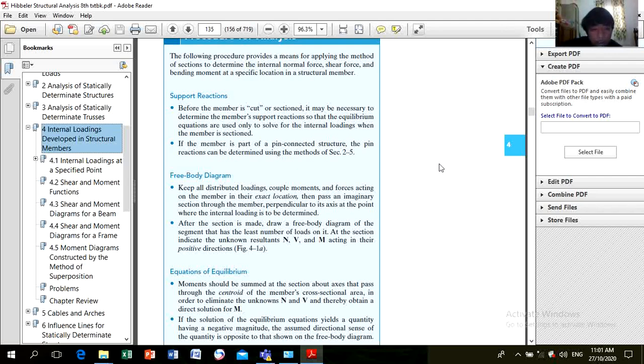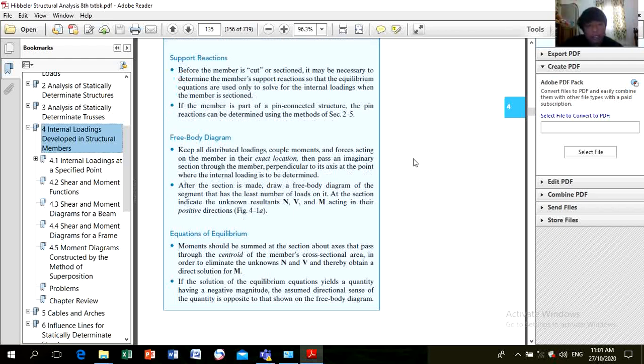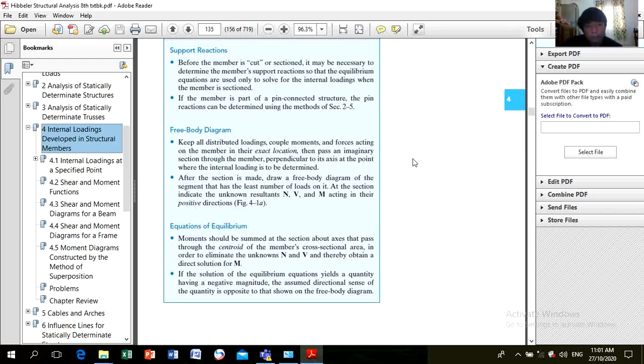Then number 2, we need to have the free body diagram. Keep all distributed loadings, couple moments, and forces acting on the member in their exact location. Then pass an imaginary section through the member perpendicular to its axis at the point where the internal loading is to be determined. Meaning, you consider the same loading, whether there is a couple or forces acting on the member, in their exact location. No need to modify it.